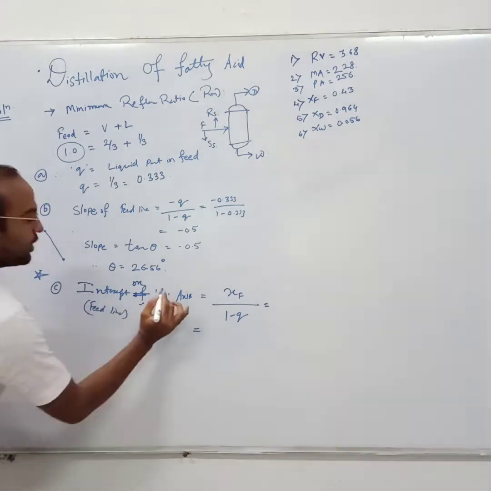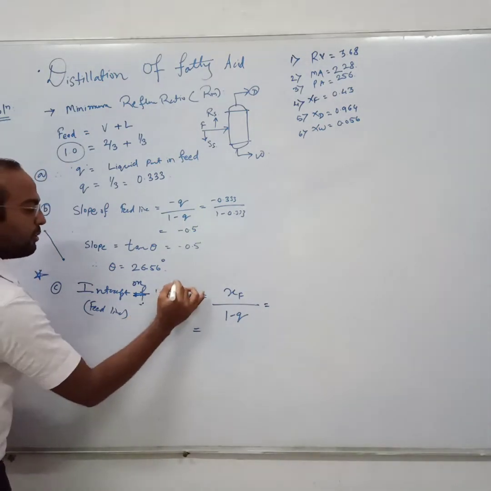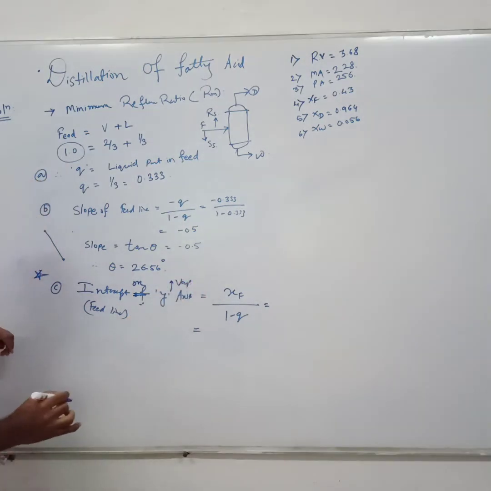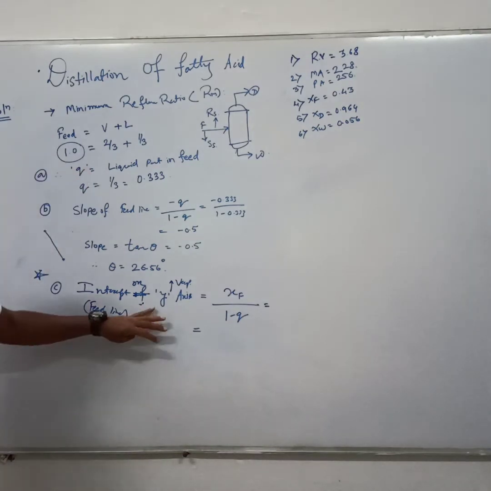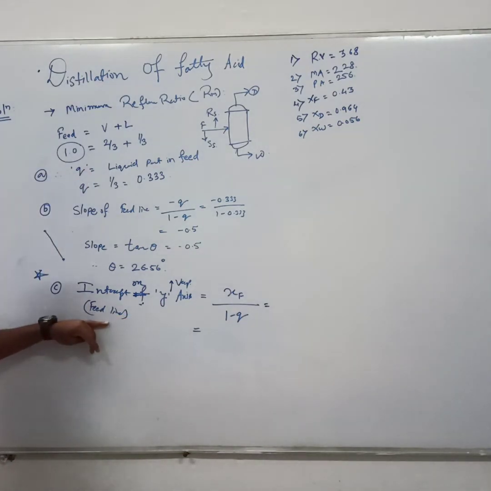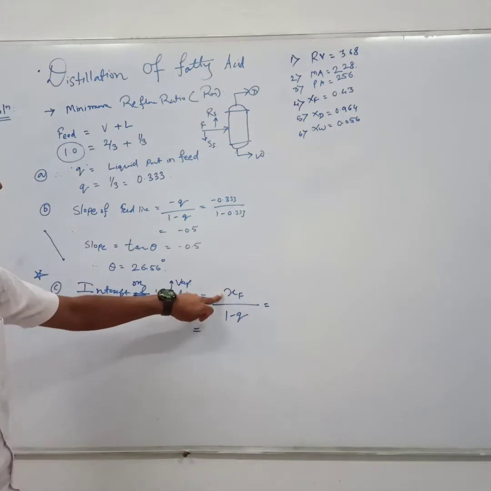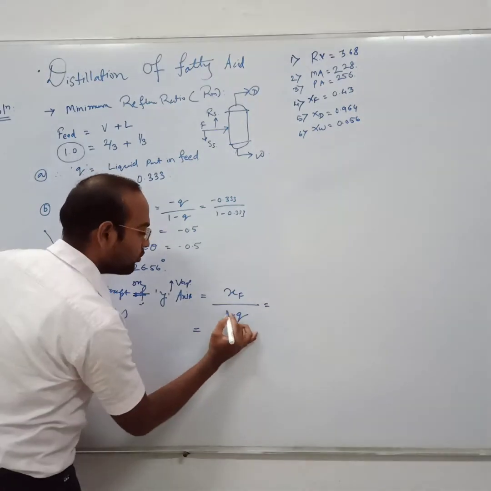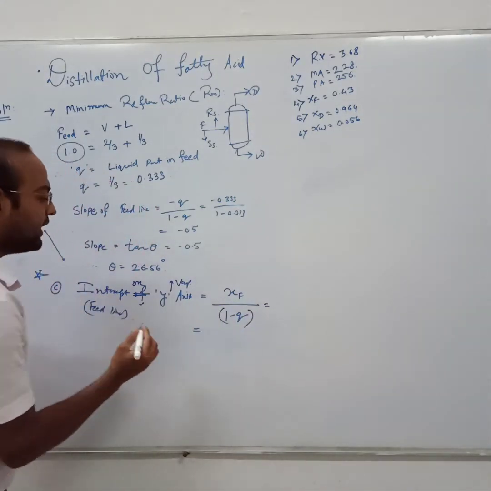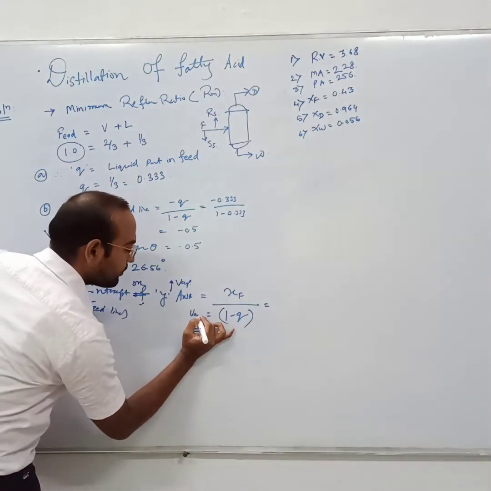Y means you are going towards vapor. Okay, vapor of your feed or vapor of your column, and we are finding the values for feed line. That's why we are considering XF. XF is what? Mole fraction of your feed upon 1 minus Q. 1 minus Q actually gives us a value of vapor.